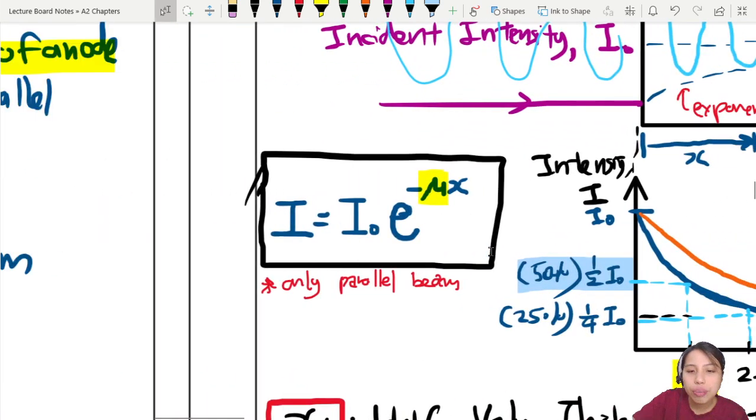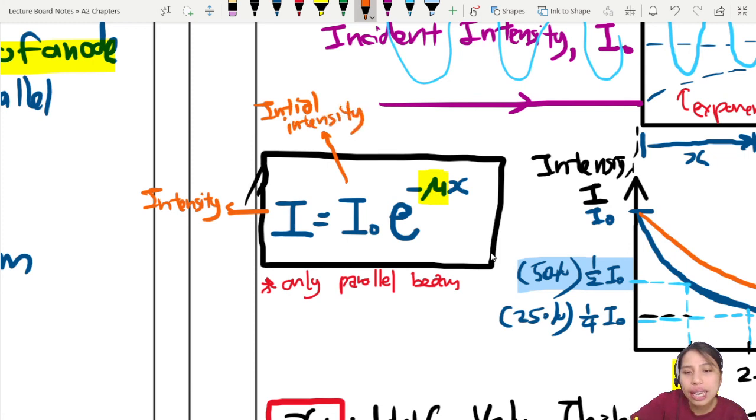I'm going to label this now in case some of us don't remember what this is already. I here is the intensity of the X-ray at any point, any position. This I naught is the initial intensity when it enters the medium. e is an exponent, it's a certain number.